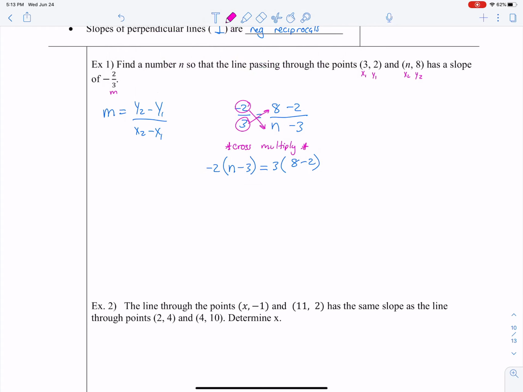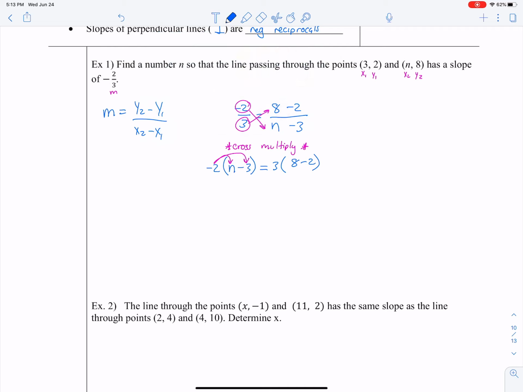So I'm going to show that as 2 little arrows, like this. Okay. And this one, I'm not going to multiply yet. You could, if you wanted to, multiply the 3 to the 8 and the negative 2. But I'm just going to make this a little simpler first. I'm going to simplify in this bracket. Okay.